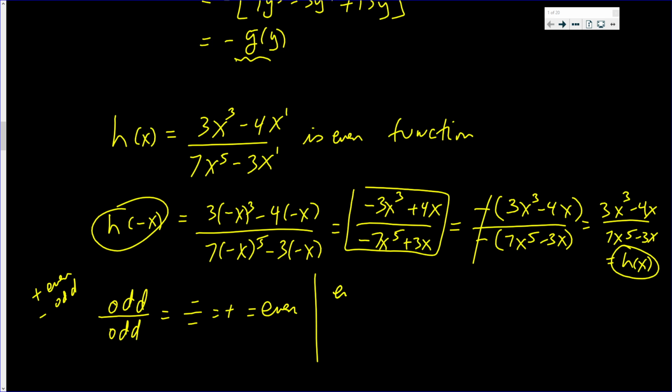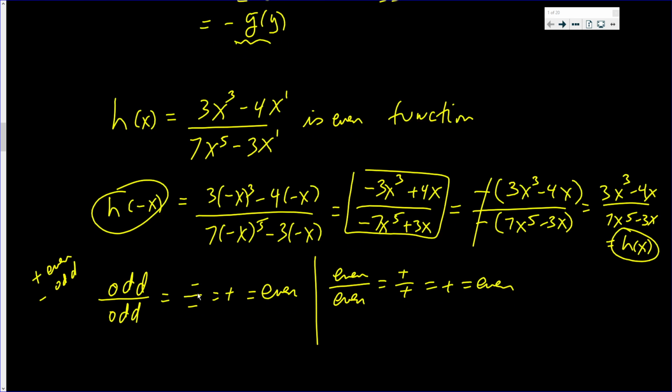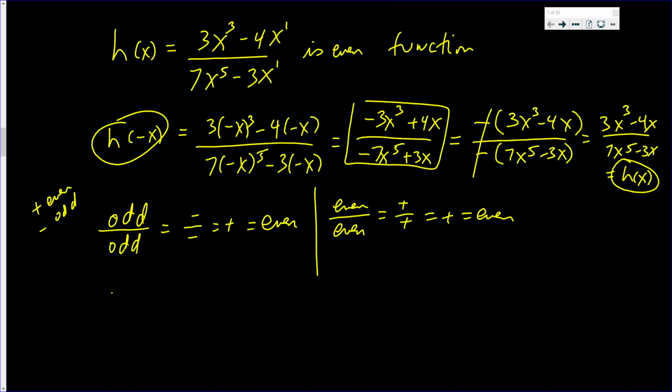If you have an even function divided by an even function, positive over positive is positive, which is even. If you have an odd function divided by an even function, you can think of odd being negative and even being positive, and you get negative, but negative is odd.